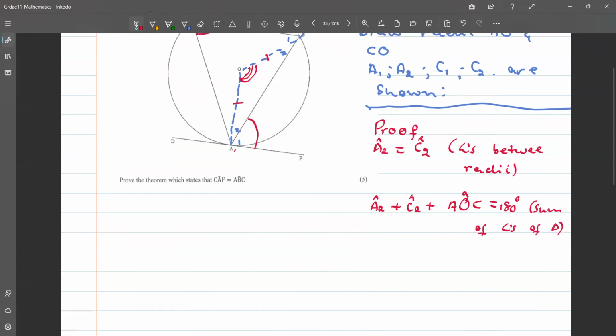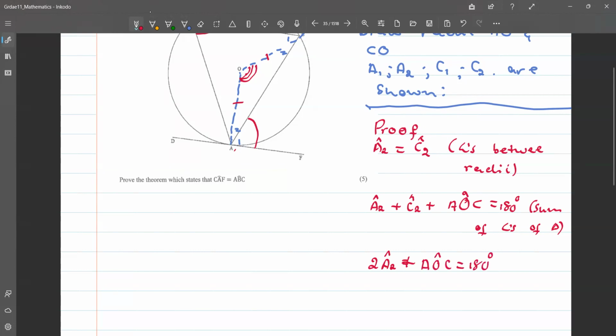Okay? Then remember we said A2 and C2 are equal. We want to use A2, so we are going to make C2 also A2. So it's A2 plus A2. We get 2A2 plus AOC equals 180.